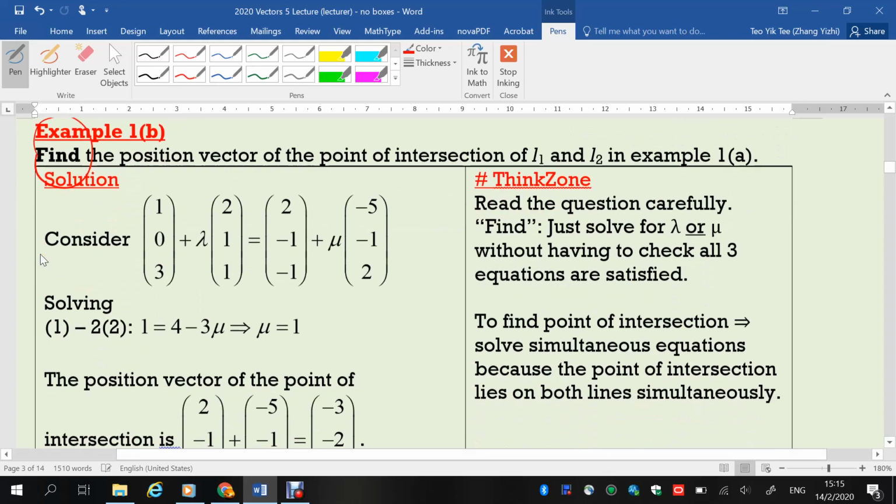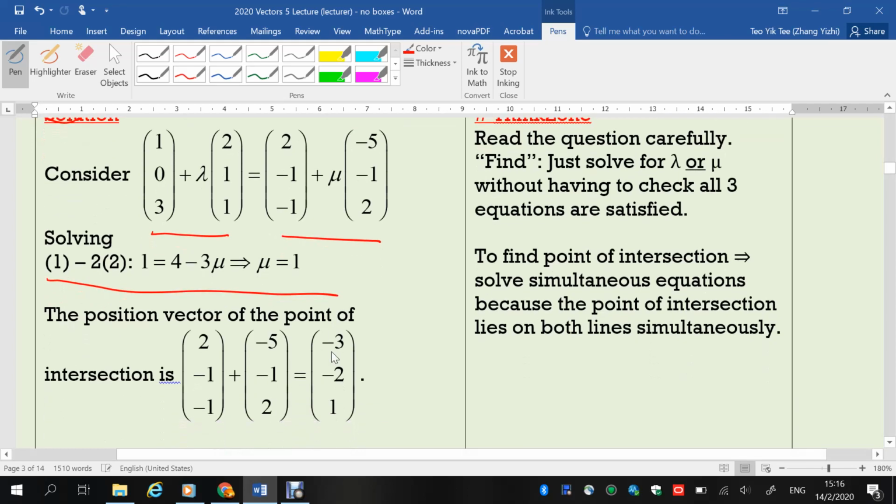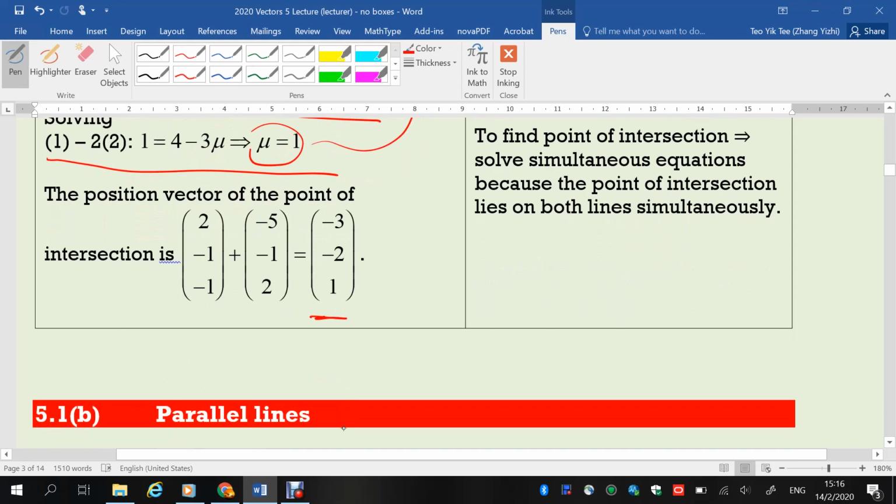So all I need to do is the same thing: consider the two lines, put them together, generate the three equations with your two unknowns, and solve equations 1 and 2. This time I don't have to check because I already tell you that they intersect. All I need to do is find a mu value or a lambda value and put it back into the original equation, and I can find the point of intersection of the two lines.